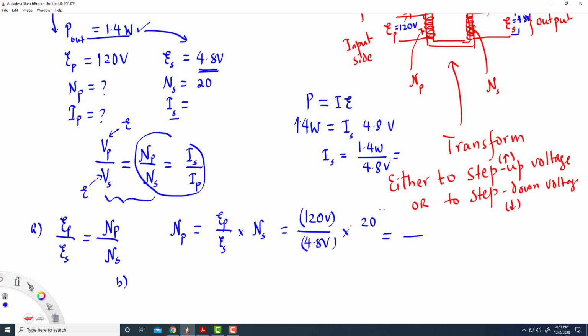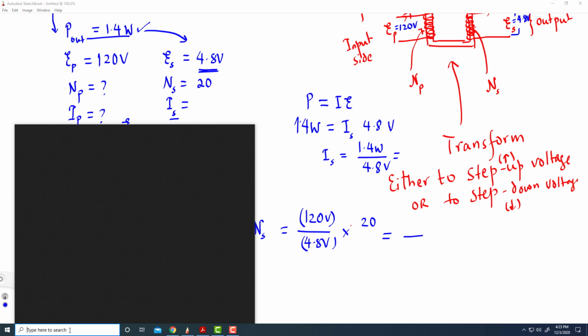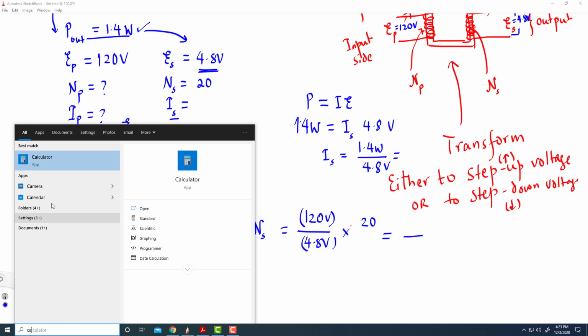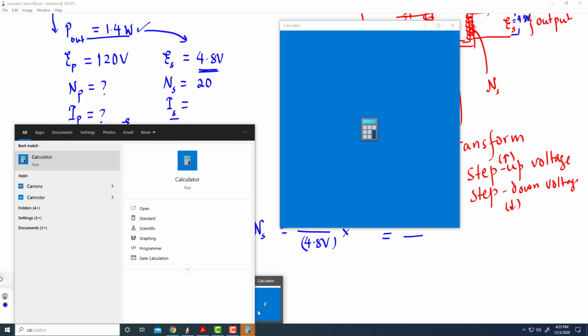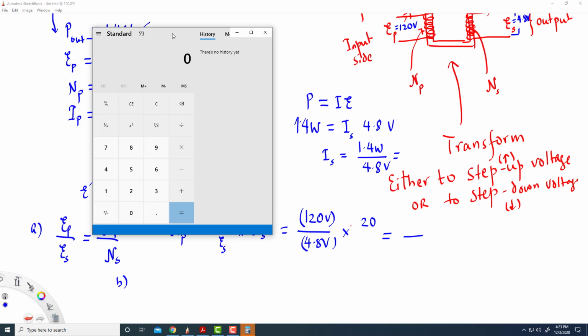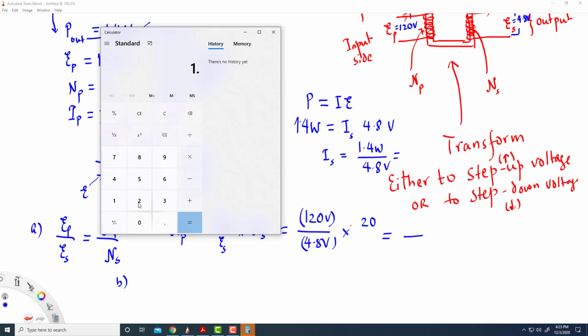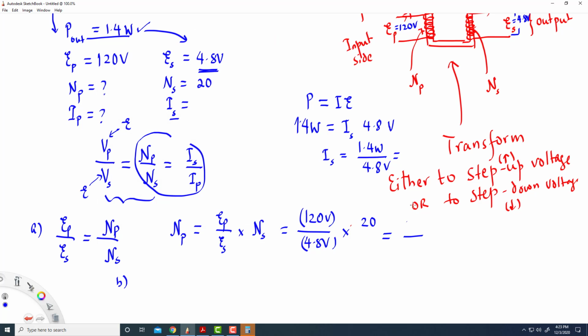If you do the calculation you will get the IS. So 1.4 divided by 4.8, that gives us 0.292 amperes.